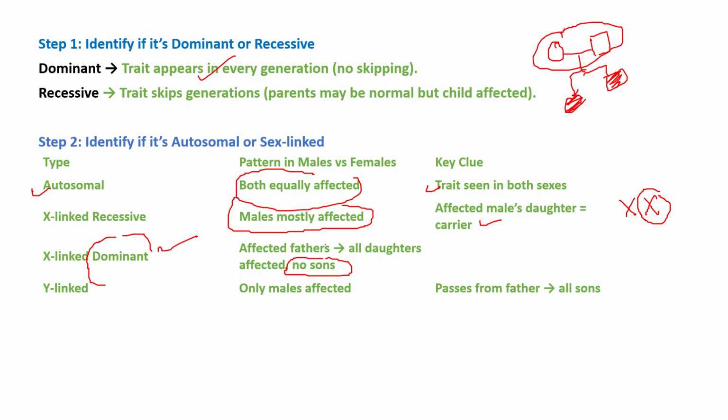That is dominant. And Y-linked inheritance, in the Y-linked inheritance, only the male will be affected. And in Y-linked inheritance, we will not use recessive or dominant. This inheritance is seen only from father to son. That is, the trait passes only from father to son.